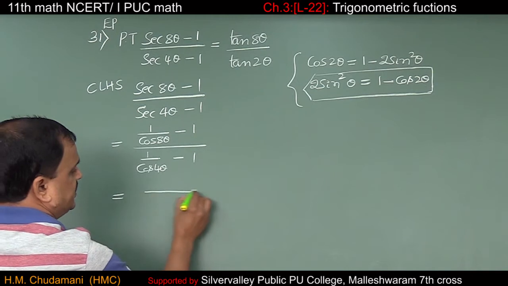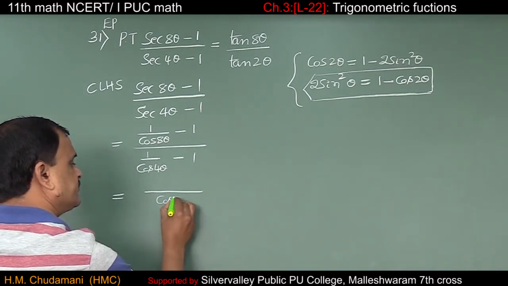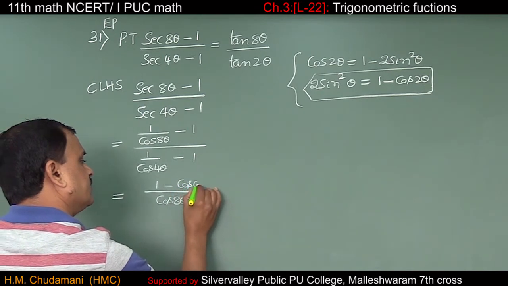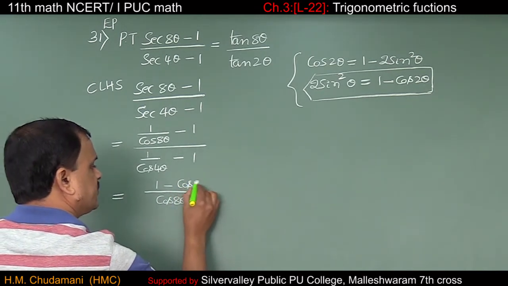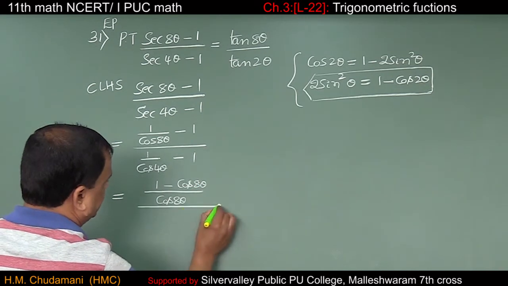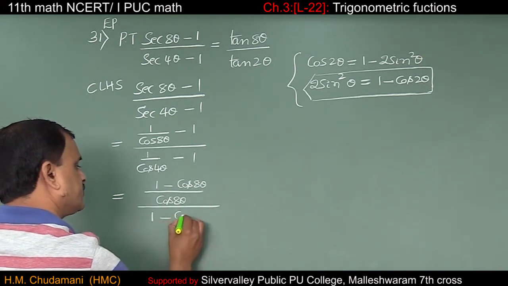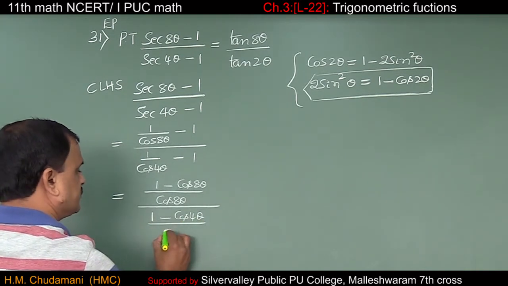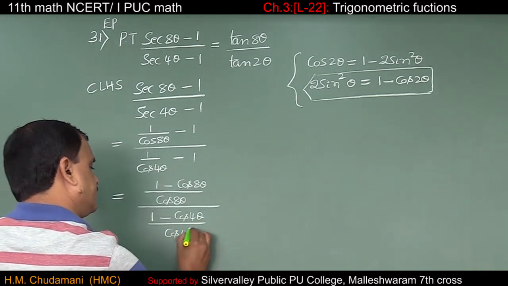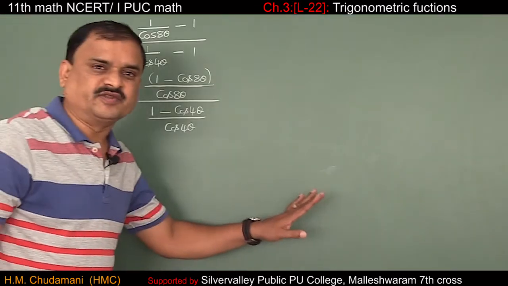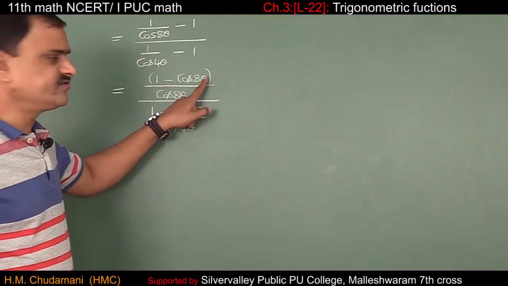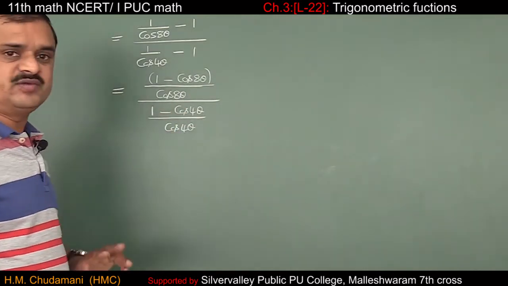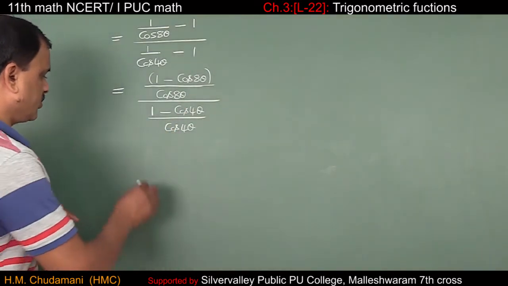So cos 8 theta as the LCM means 1 minus cos 8 theta divided by 1 minus cos 4 theta divided by cos 4 theta. 1 minus cos 8 theta by cos 8 theta, 1 minus cos 4 theta by cos 4 theta. This gets reciprocal, you know.